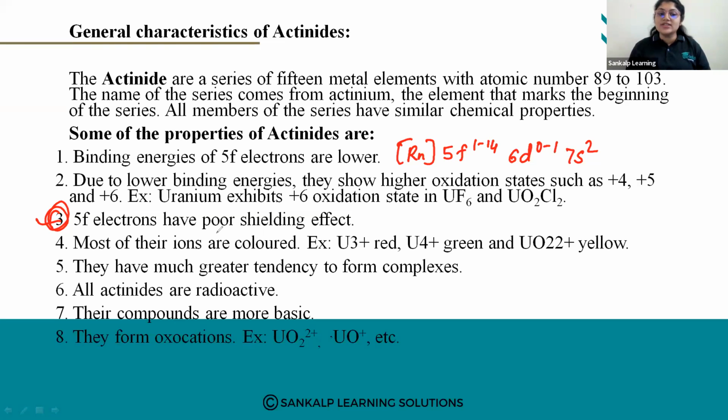Next is oxidation state. Actinoids show a variable oxidation state. Variable oxidation state means what? They will show different oxidation states. This is because the energy difference between the 5f, 6d and 7s orbitals is very small, and hence all the electrons are used in bonding.